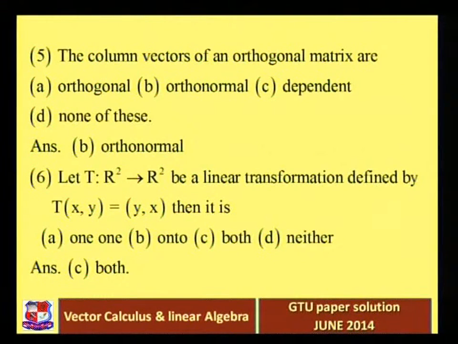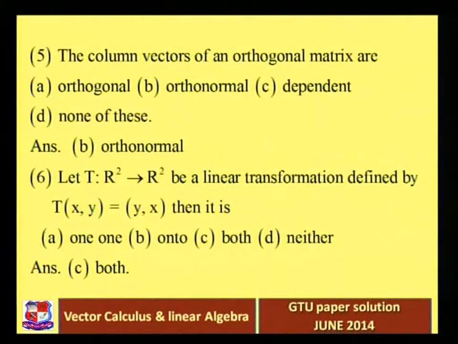Now for onto, our transformation T is from U to V. So for any y belonging to V, there exists x belonging to U such that T of x is equal to y. If this happens, then we can say that our transformation is one-one and onto both. But there is a theorem that makes this easy: if the standard matrix of a linear transformation has a non-zero determinant, then that transformation is always one-one and onto both.